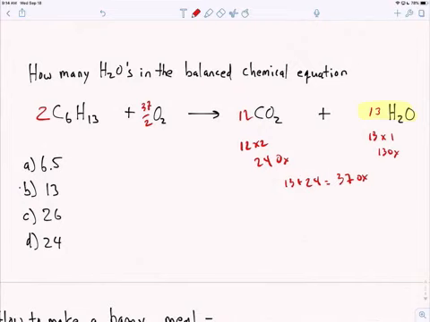Since 2 is a package of Twix, if I want 37 Twix, how many packets do I need? I need 37 packets. This just makes it easier for multiplication.